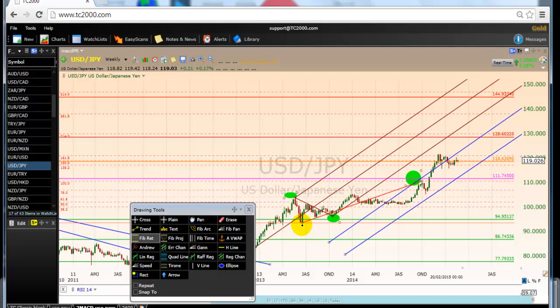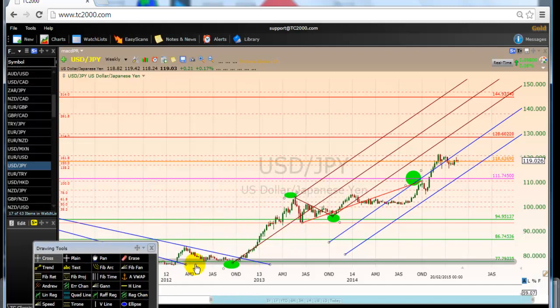That's correct. That's where we are now. We are at a 161.8% Fibonacci extension level using the measurement from here. I'm on the weekly chart. After this move, you see a pullback. The low, price went 1, 2, 3, and continued up all the way up here.